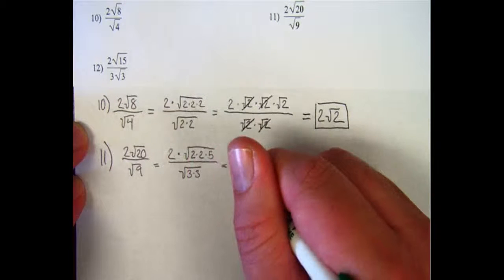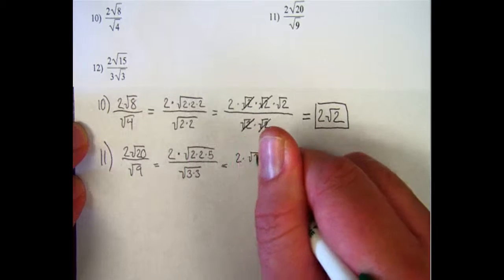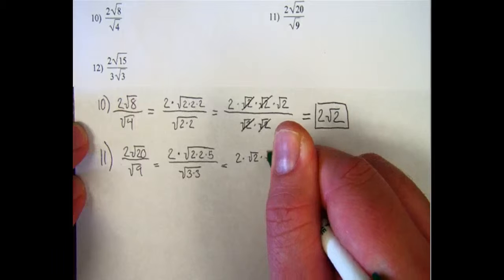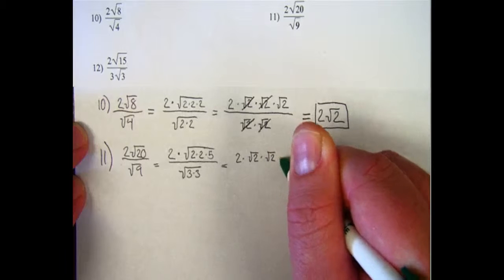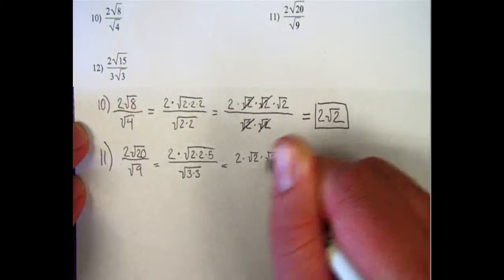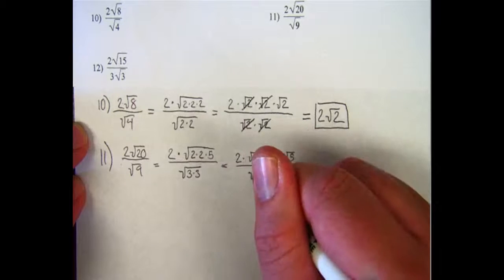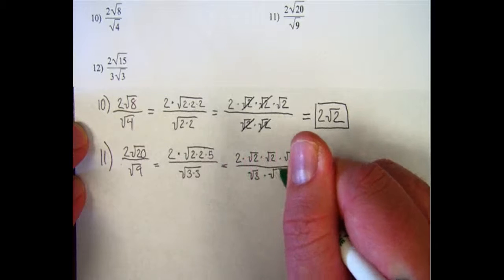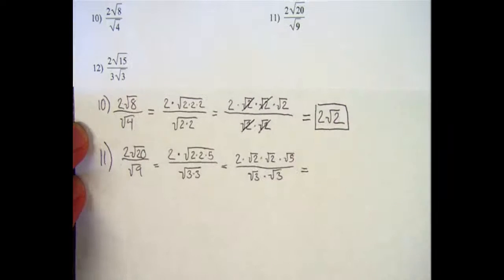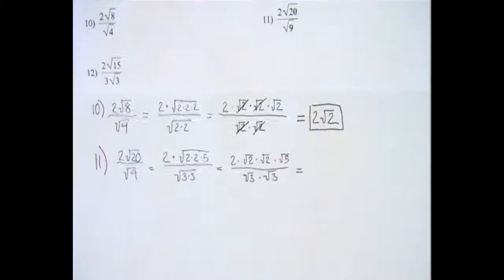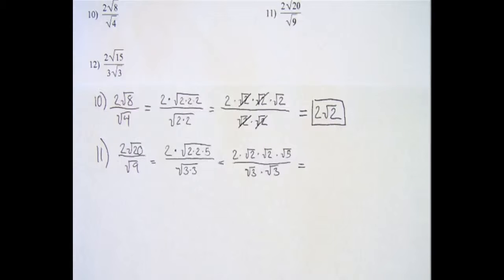I'm going to break these apart into individual pieces: the square root of 2 times the square root of 2 times the square root of 5, over the square root of 3 times the square root of 3. Look for anything that I can cancel. Do you notice anything I can cancel? Me either. There's nothing.